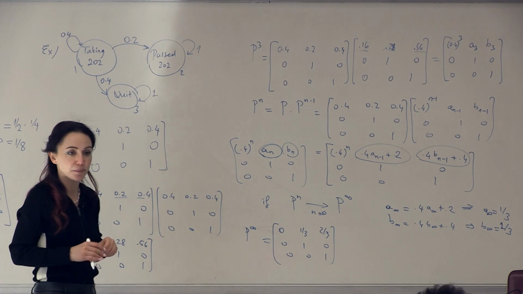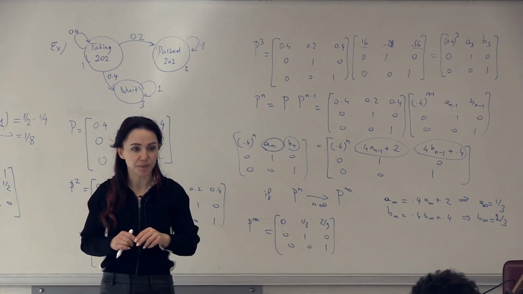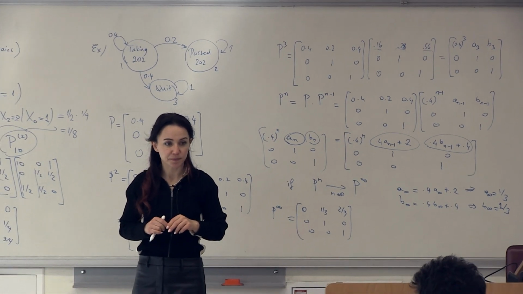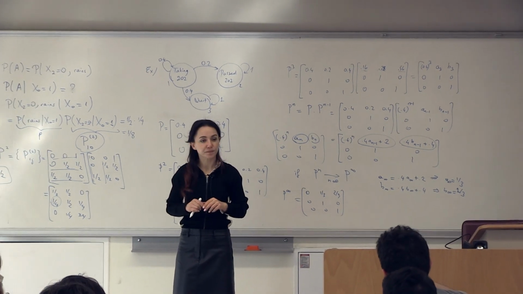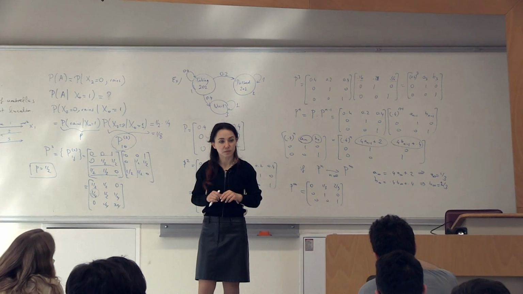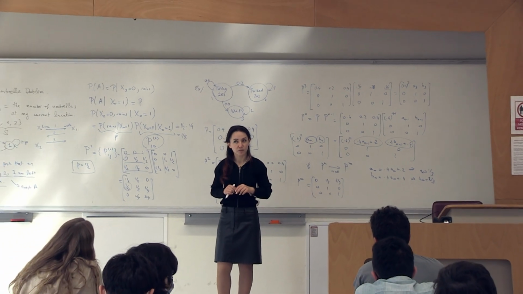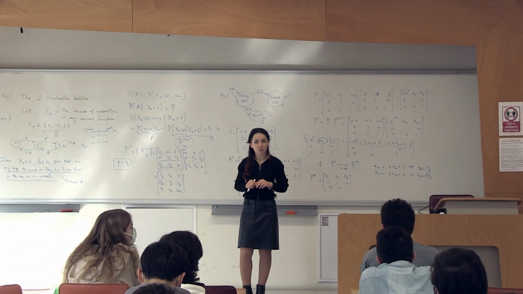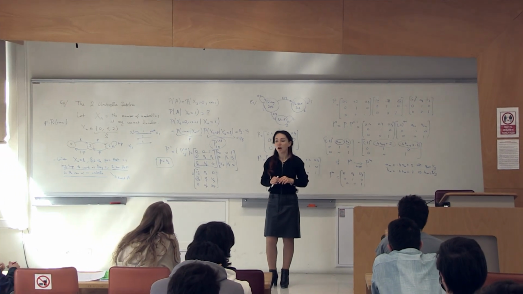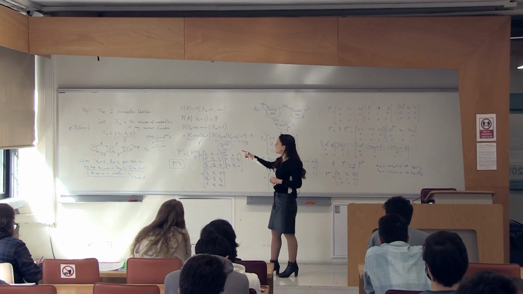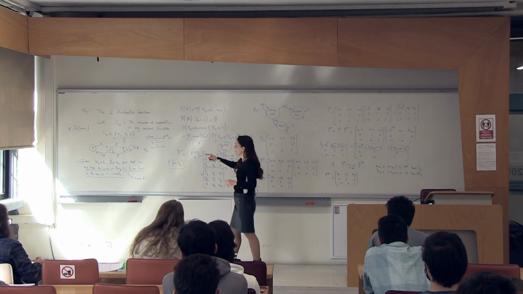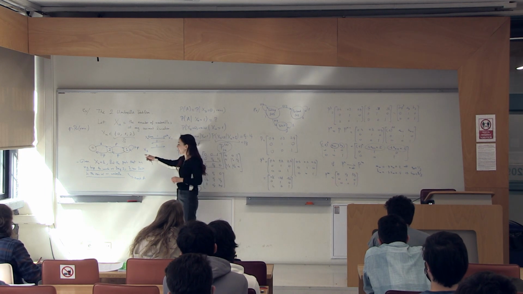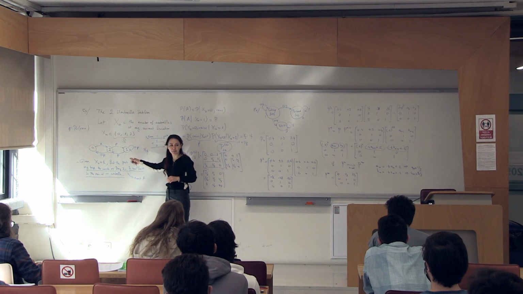Yes, please, Ismail. In the previous question, the umbrella question, if we haven't been given the day constraint for any day, are we going to use the same thing in this question? I mean, are we going to think about the steady state condition? We can think about the steady state. That's a very good question, actually. We can think about what steady state is going to look like in this example.